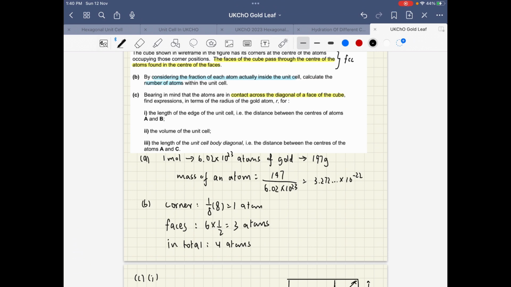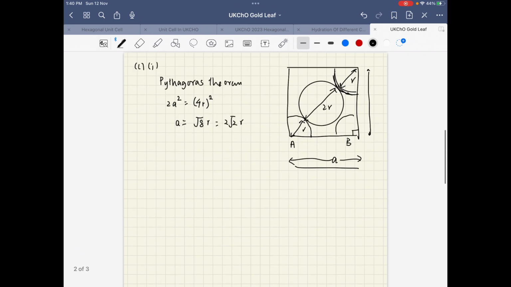So now I have the answer for I, and then the volume would then be 2 square root 2R cubed, because this is a cubic unit cell.